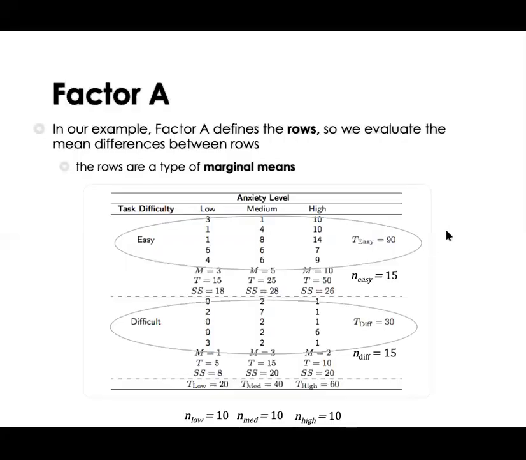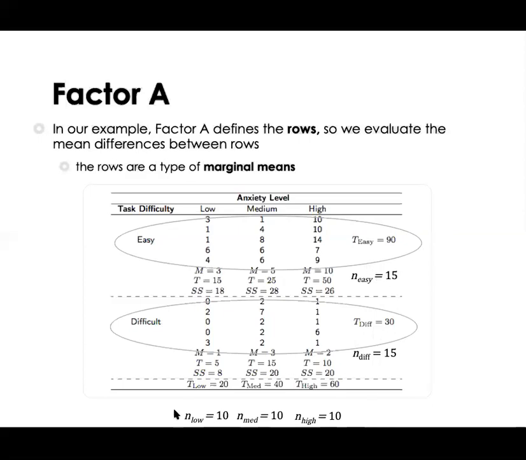Okay, so factor A. This is the first one we're going to do. In our example, factor A defines the rows, so we'll evaluate the mean difference between the rows. Out here at the end of the row, we call these marginal means.